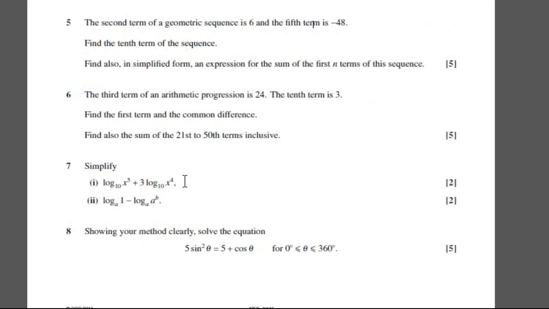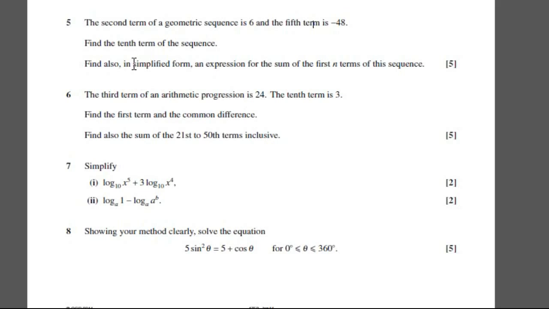Down to question 5, one of the most disliked questions of A-level is sequencing, and these types of questions are a bit trickier because most of the time you'll have to do some sum of sequence, which I can see on question 6, but now let's finish question 5.